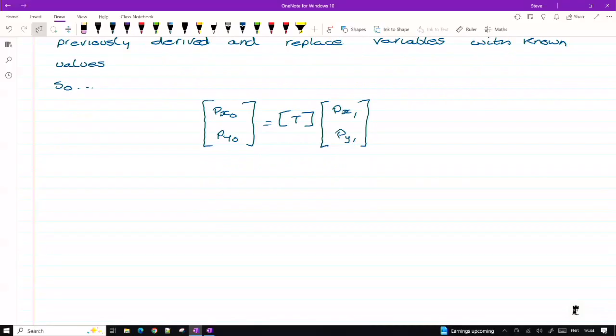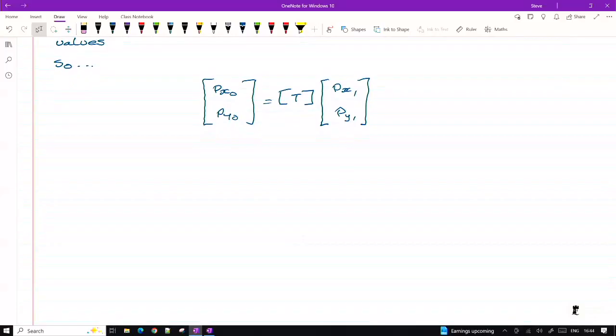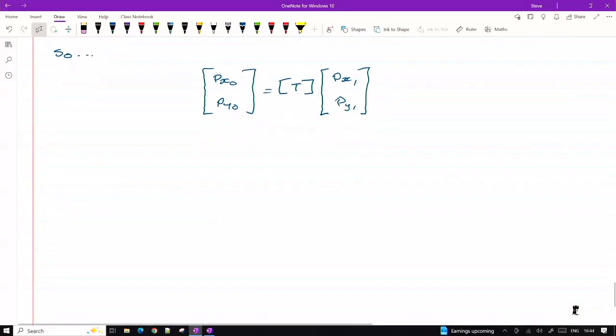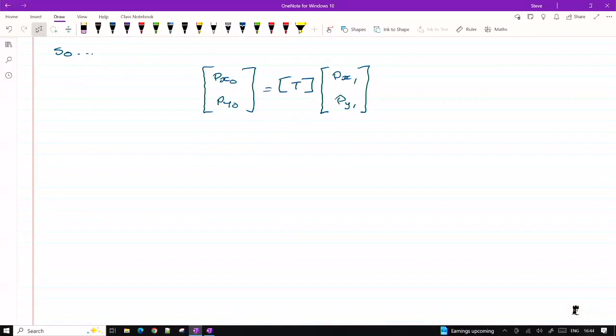We're trying to place PX or the point P within our fixed base coordinate system by looking at how frame X1, Y1 is transformed into frame X0, Y0. So we take that generalized expression and we write that in the homogeneous form.